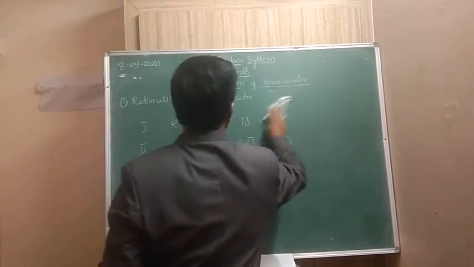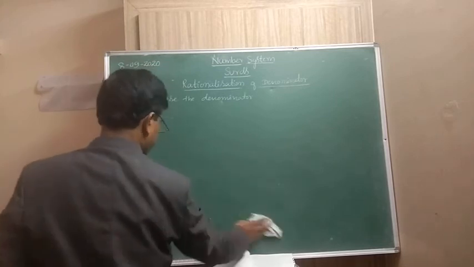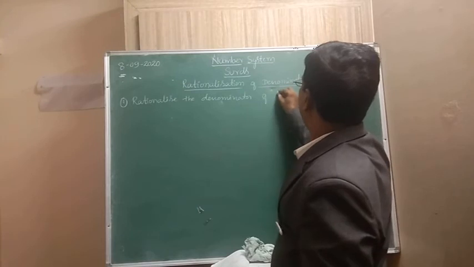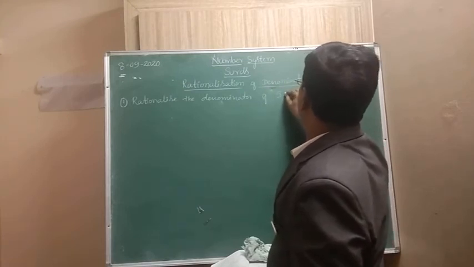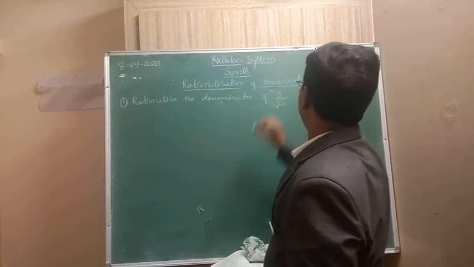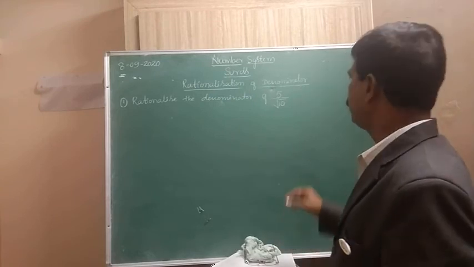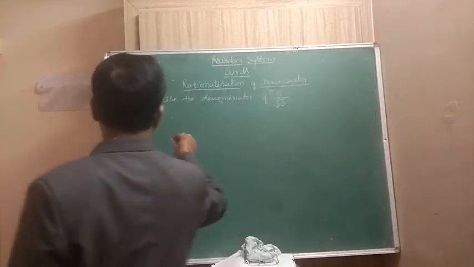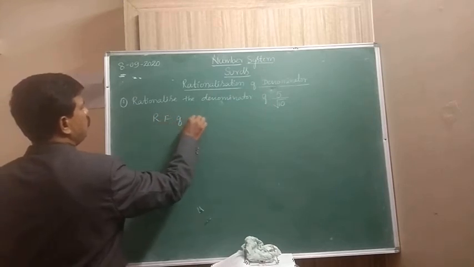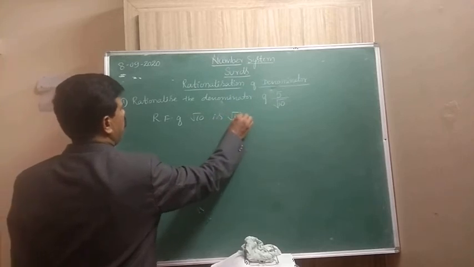Rationalize the denominator of 5 by root 10. First you write down the RF: RF of root 10 is root 10.